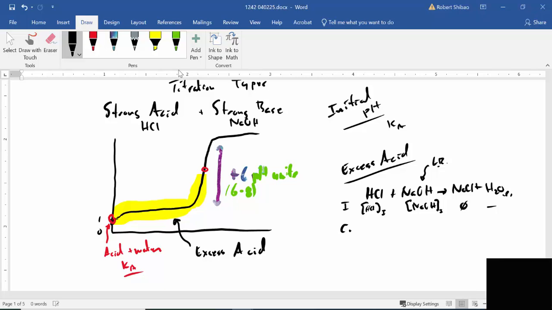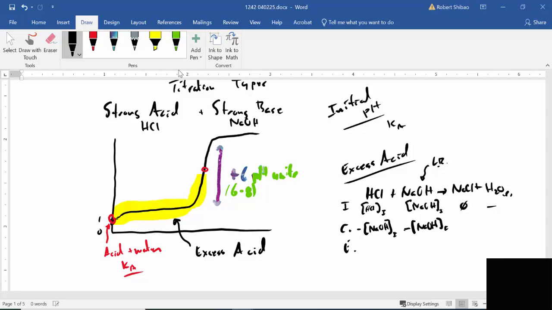Then we're going to consume all of the sodium hydroxide. Because it's a 1-to-1 mole ratio, I can do it this way. The molarity of HCl I'm going to lose is equal to the initial molarity of the sodium hydroxide, because we're going to lose that as our limiting reagent.